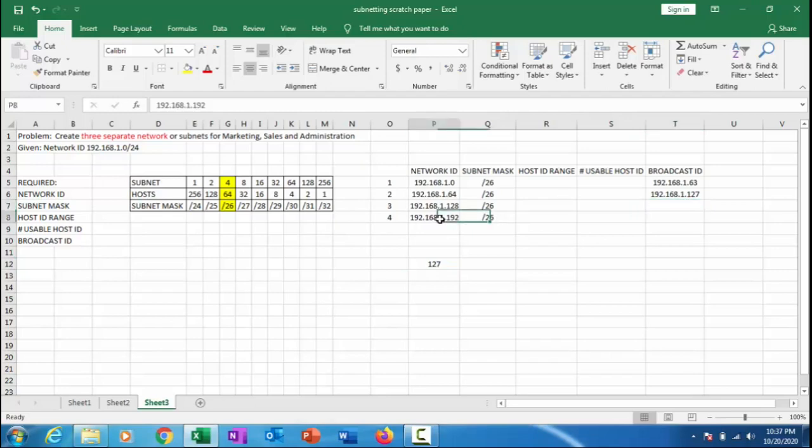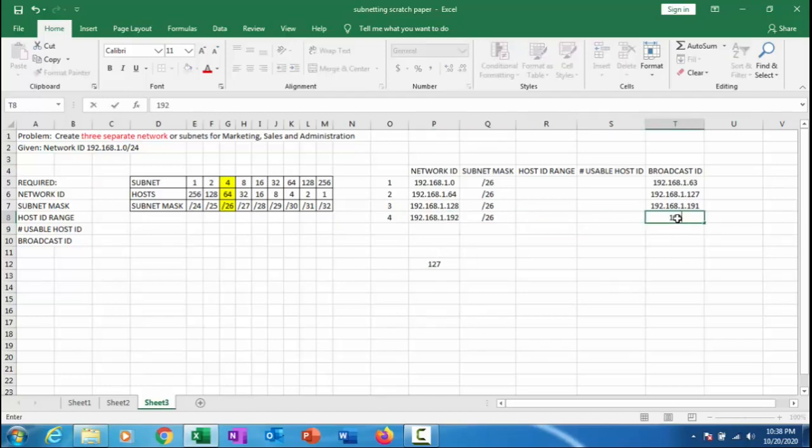Of course, minus 1 of the 192. So 192.168.1.192 minus 1 is 191, or again plus 63 from 128. So 128 plus 63 is going to be 191. Now for this, of course, we don't have another for us to subtract minus 1, so we'll just use the plus 63, which is 255.